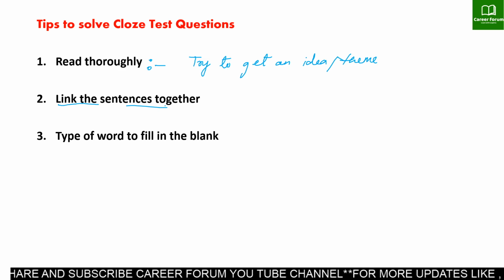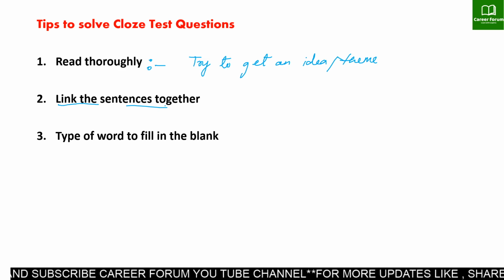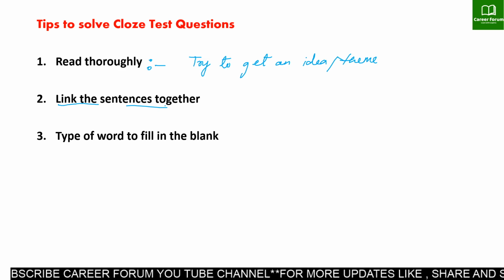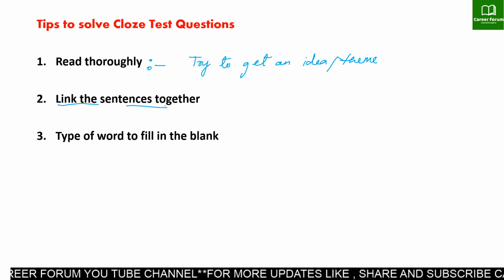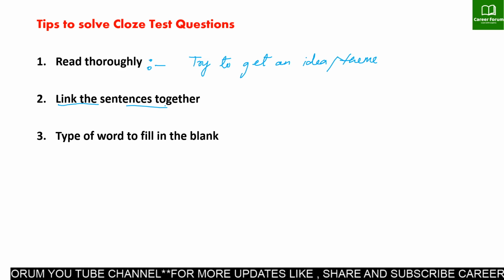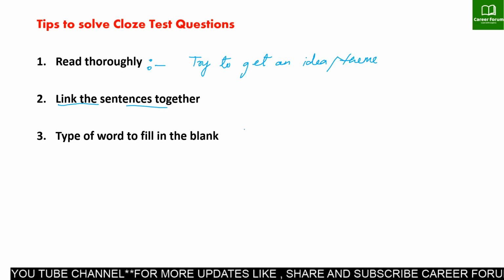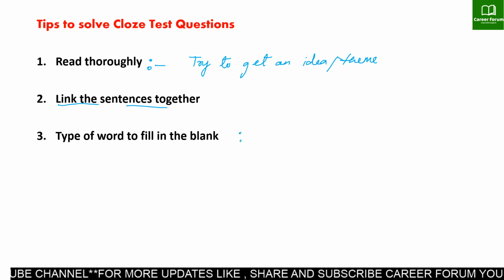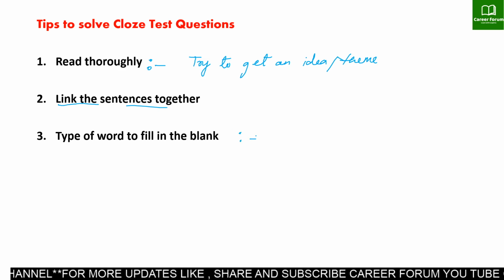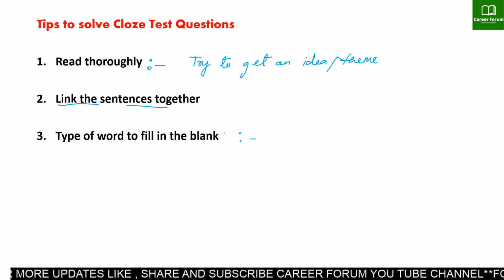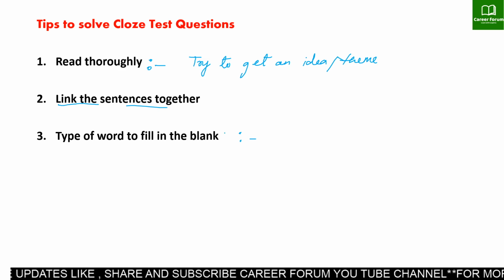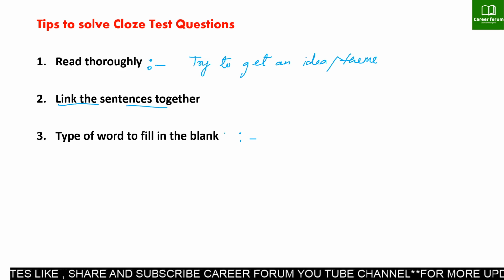Clear? The third point is type of word to fill in the blank. Remember that every blank has some sort of clue. So look at the blanks and try to assess the word to put in the blank. Try to fill the correct word considering grammar. You don't have to pick the one which just sounds proper in the blank. You have to look at the blanks and then assess the word to put in the blank.